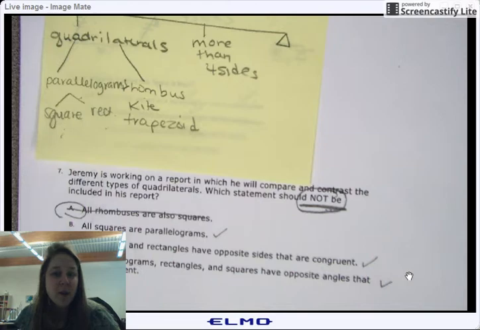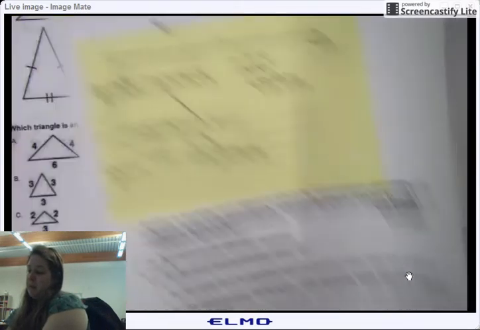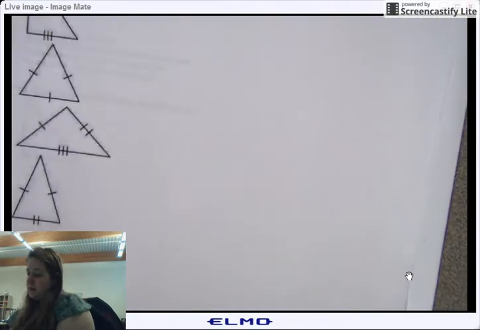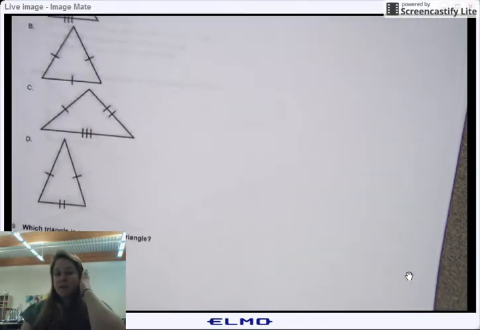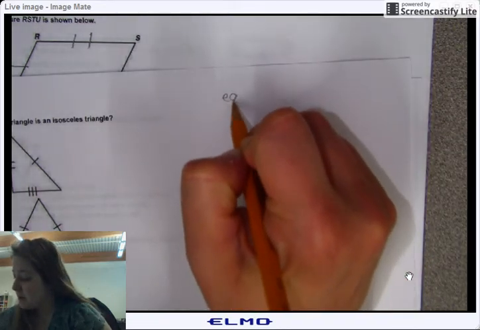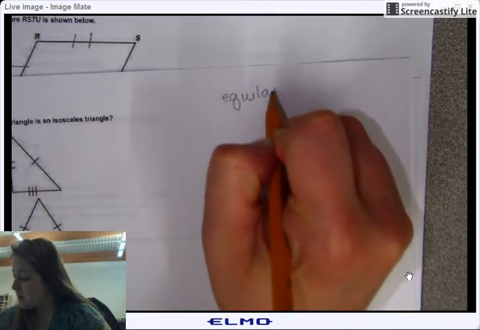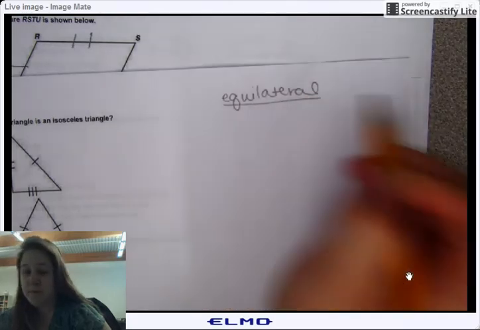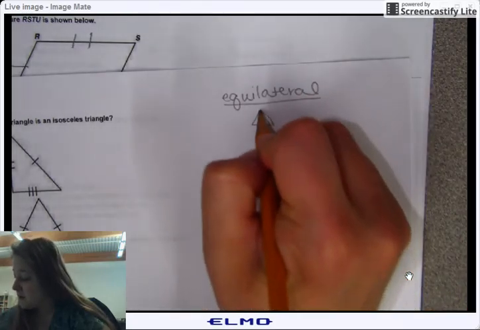I pulled one of you guys. Okay. Question number 8. Which triangle is an isosceles triangle? Oh, remember when we talked about our triangles? We have equilateral, right? Meaning all sides are equal.